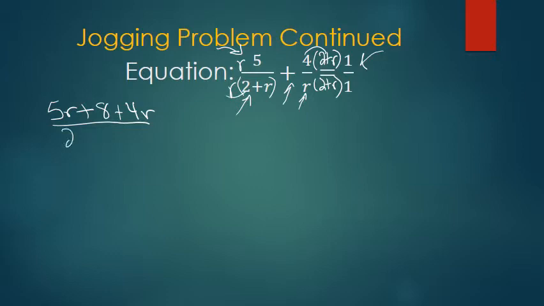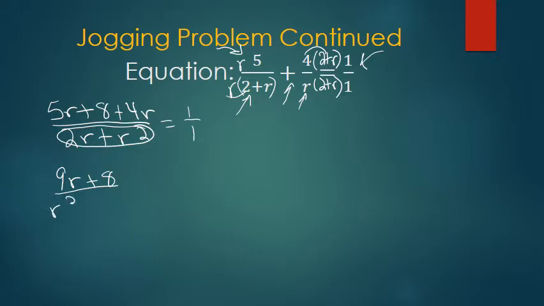So I get 2r plus r squared, and that equals 1 over 1. Now I'm not quite ready to do cross multiplying because I need to combine my numerator. So I get 5r plus 4r, which is 9r plus 8 over, I'm going to go ahead and write the denominator in degree order because notice I have that squared term. So r squared plus 2r, and that equals 1 over 1.